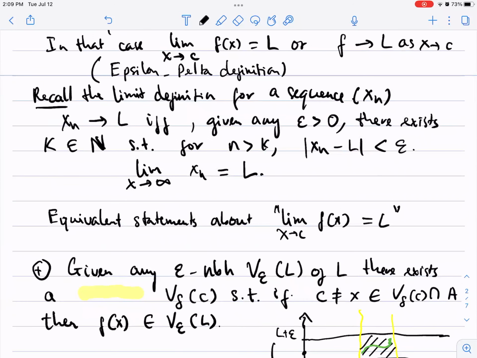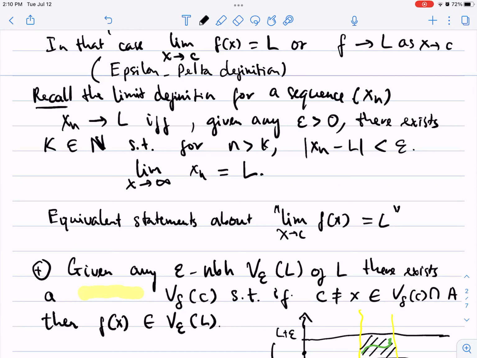And this definition should be compared with the limit definition for a sequence. The sequence x_n is converging to some number L if and only if, given any epsilon greater than 0, there exists some natural number k such that for n bigger than k, the absolute value of x_n minus L is smaller than epsilon.